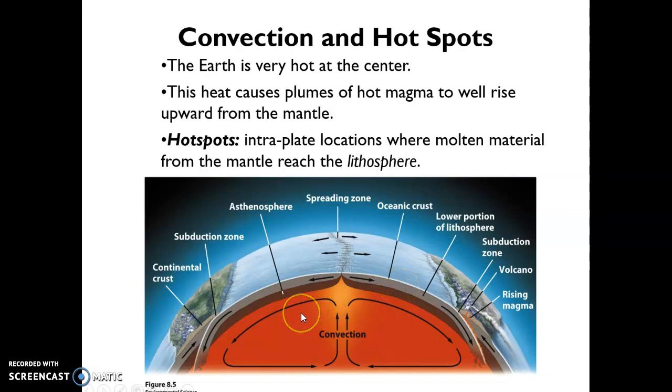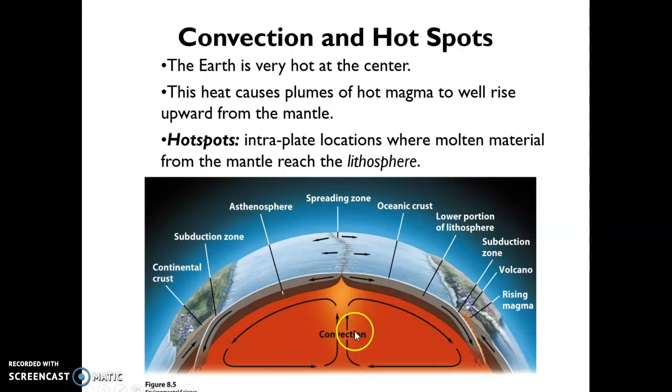And then below that, we have the asthenosphere, which is the upper portion of the mantle, which is semi-molten. And then we have the bulk of the mantle here. And what I want to point out is that the mantle, the semi-molten rock, moves in what are known as convection currents.